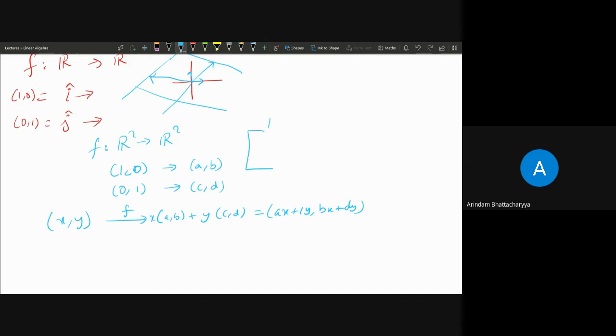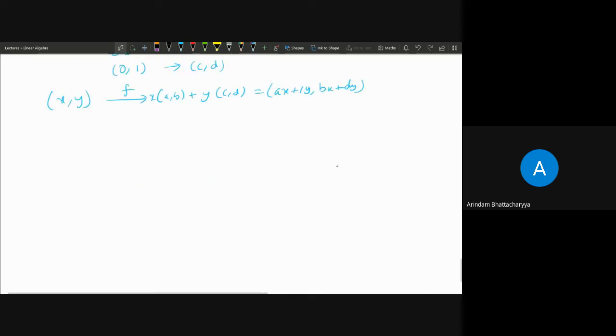The first column would be the image of (1, 0), and the second column would be the image of (0, 1). This is (a, b), (c, d), and then I can define matrix multiplication the usual way, and stuff works out.